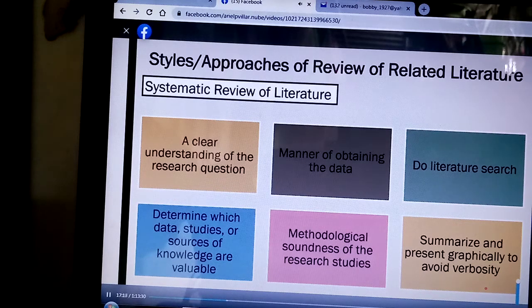Yun ang pinakabawal. No? So you can present it. Ito na lang po. In MC kasi, hindi mahilig si MC na ipipresent graphically in the review of related literature. Hindi sila mahilig na kinokopya pati yung figure. Everything will be written once again, yung sabi ko nga, in paragraph form. So you have to write it in paragraph form, you have to summarize, you have to paraphrase. Okay? So bawal na bawal ang copy-paste.